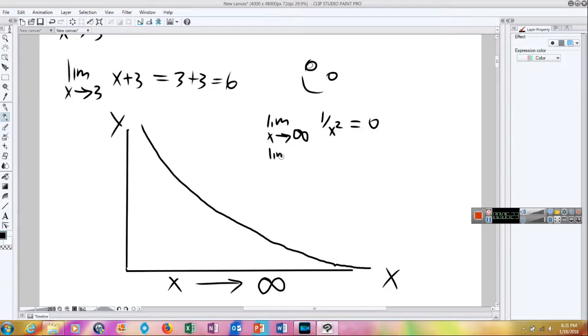The limit as x tends to infinity of 1 over x is equal to 0, and the limit, you guessed it, as x tends to infinity of 3 over x cubed is equal to 0.